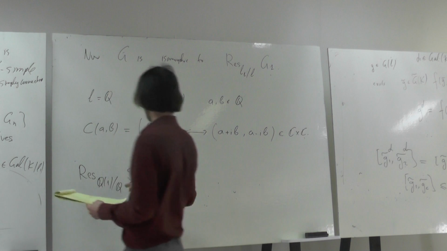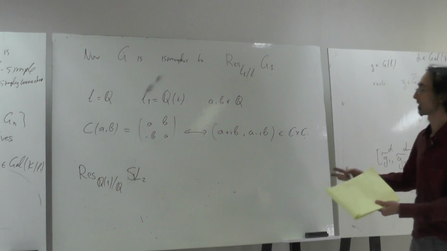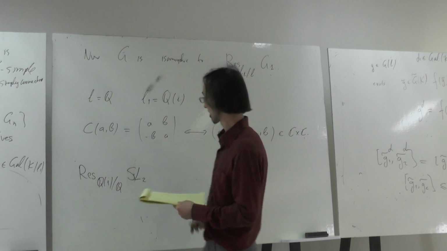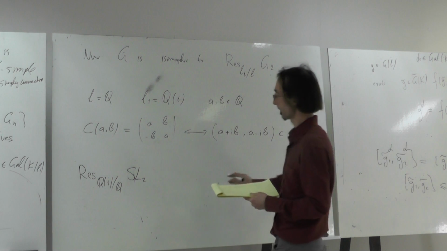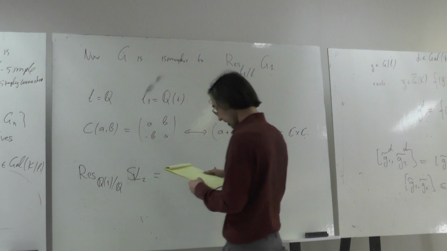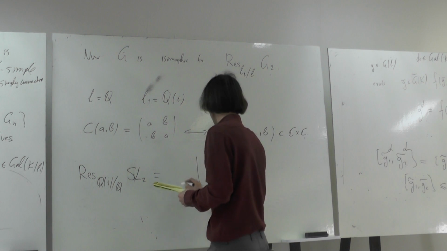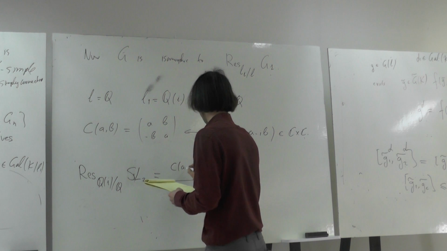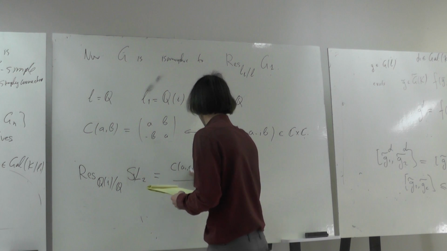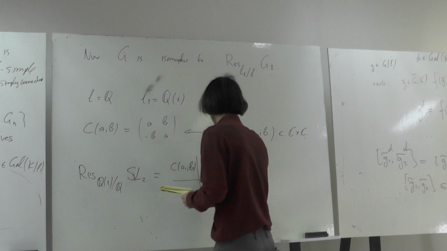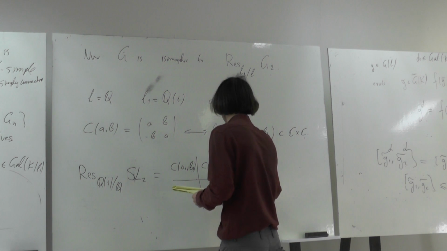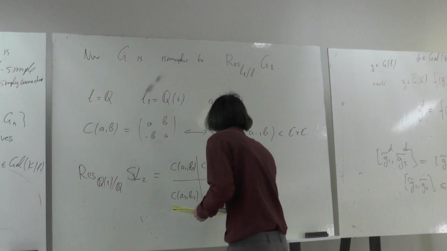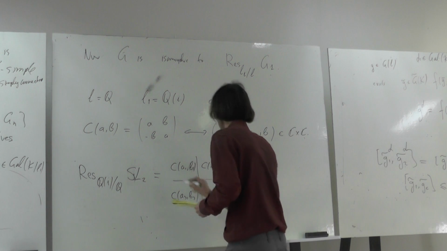This is the smallest non-trivial restriction of scalars which gives me a simple semisimple group. So think of it as 4x4 matrices, where we put here C(A1,B1), C(A2,B2), C(A3,B3), C(A4,B4).